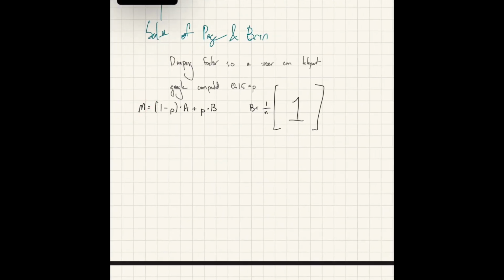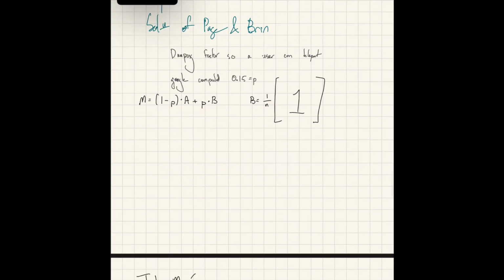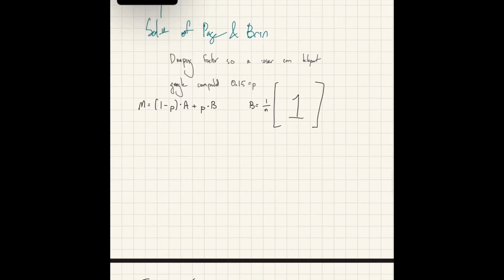M is equal to 1 minus the damping factor times A. So in this case, it would be 0.85A plus 0.15B, where B is just 1 over N times a matrix of ones. And this keeps every column stochastic or Markov, and it allows you to teleport. So you no longer get stuck at any nodes.